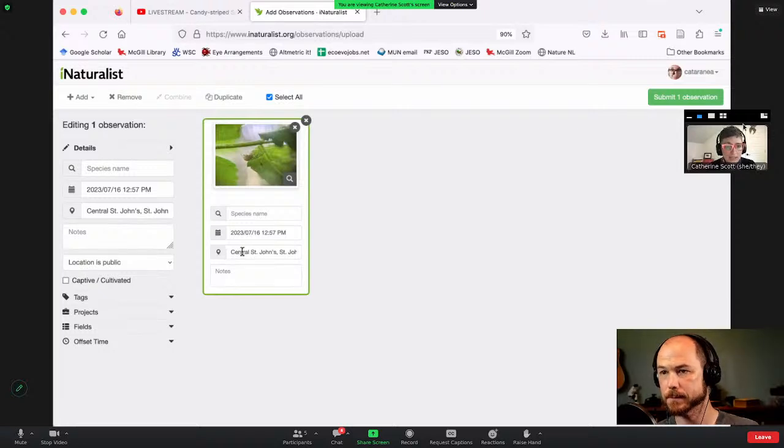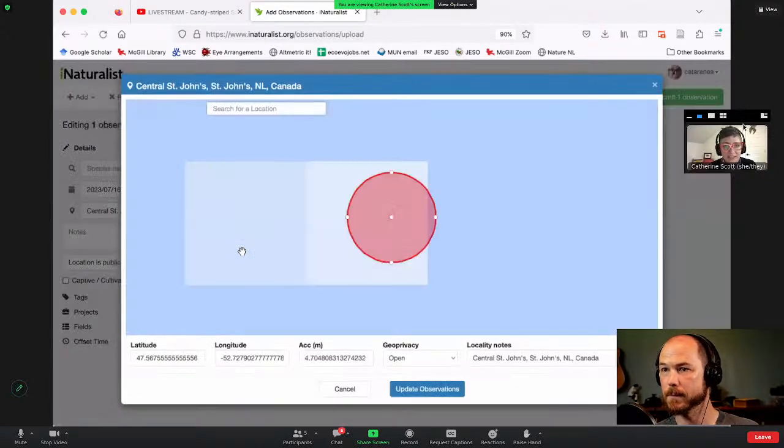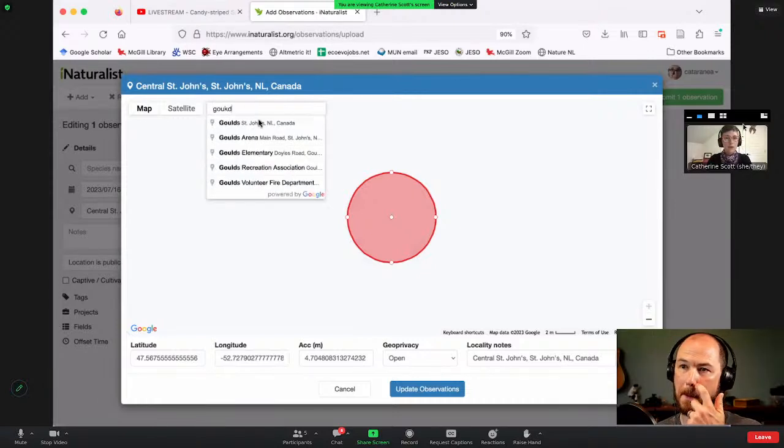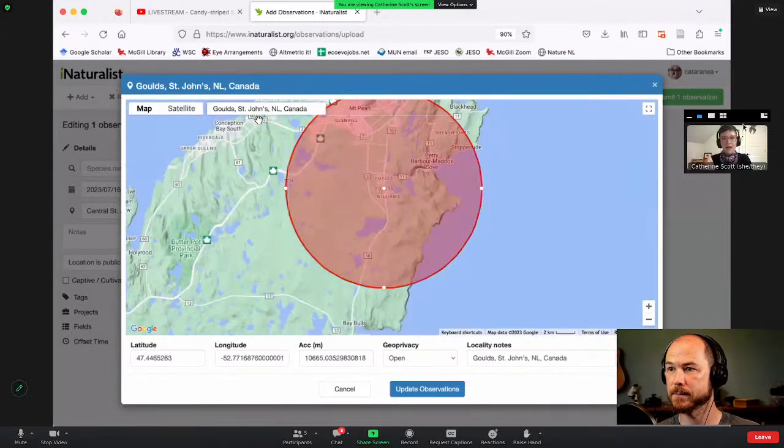But if I didn't, then I could move this map around. I could search for a location. So say I actually took this in Gould's, I could search for that, and then pinpoint the location.